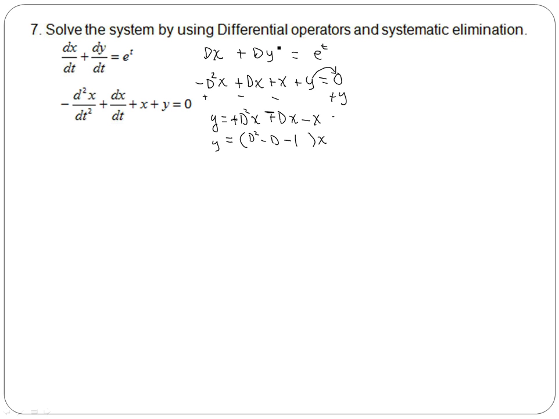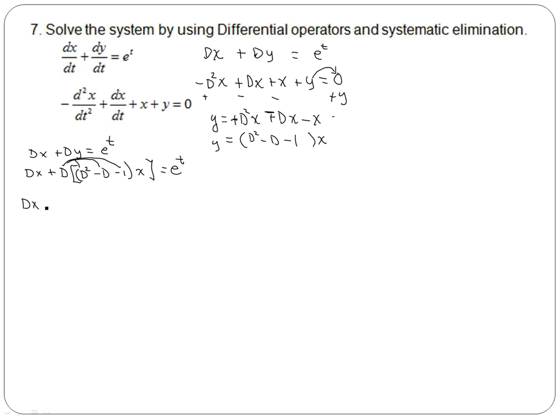And then I'm going to make a substitution into this first equation. So this first equation, which says Dx plus Dy equals e to the t, becomes Dx plus Dy, and y is D squared minus D minus 1 applied to x, equals e to the t. Now notice here I could apply the differential operator just like you would distribute.